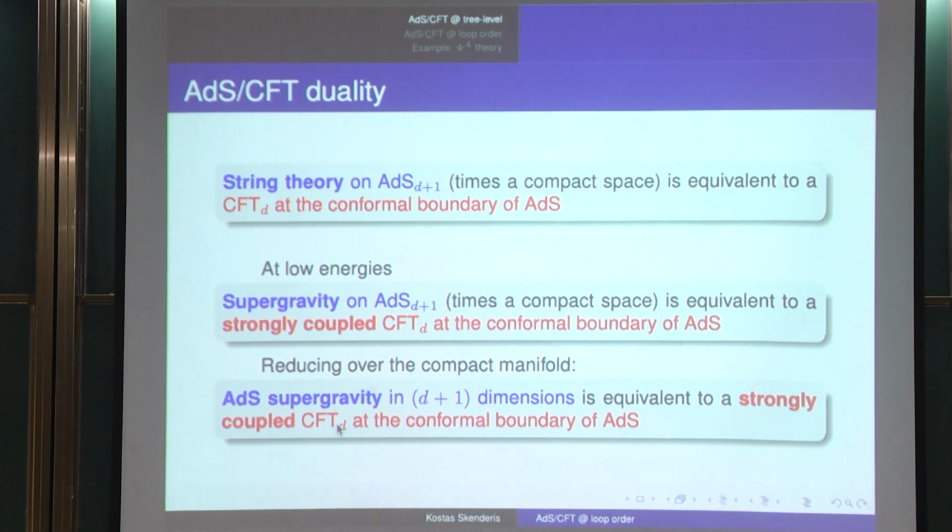Still, of course, it would require some work. From '97, '98, where AdS-CFT was first discussed, to start discussing renormalization group flows, where you deform the CFT by a relevant operator that goes to a quantum field theory, and understand in detail how things work, it took maybe 4 years. I think from 2002 on, we fully understand how to do these computations, even though conceptually it was more or less clear.